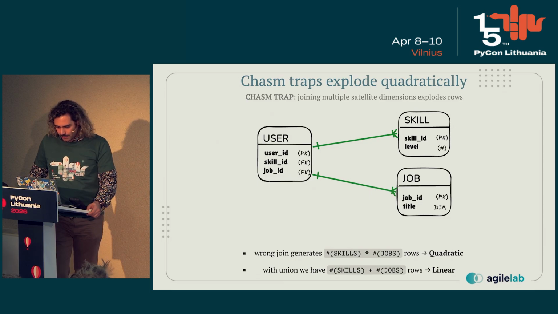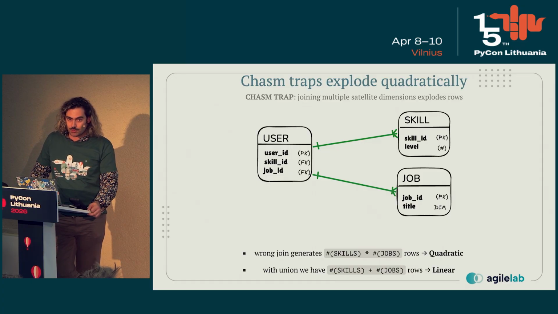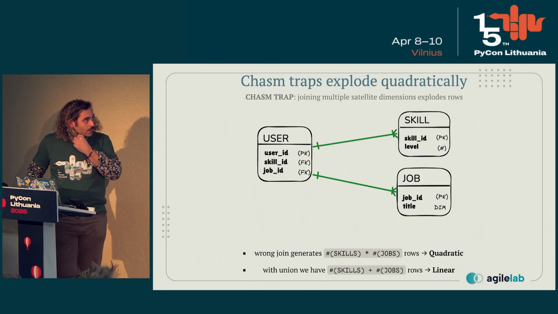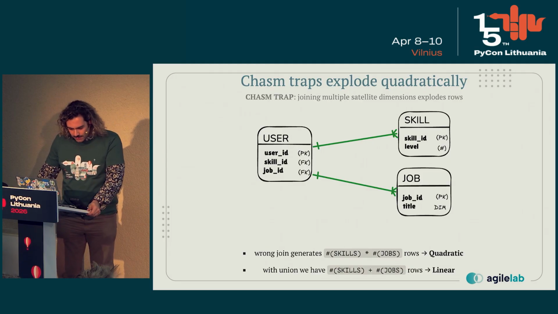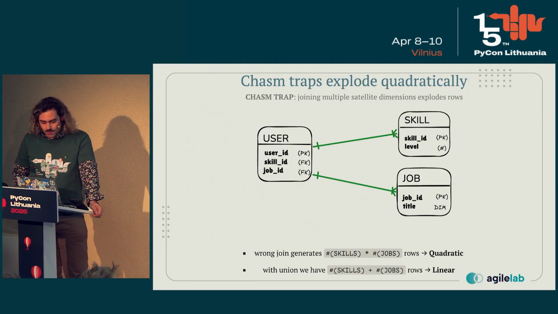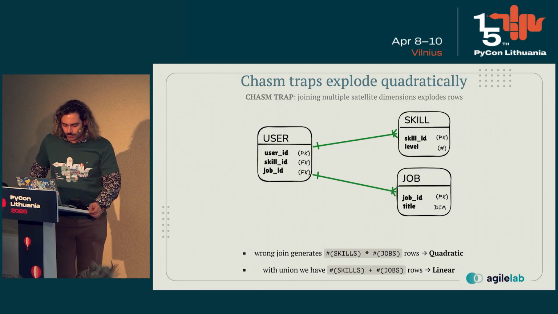Another kind of trap is the chasm. The chasm trap occurs whenever two dimensions, two satellite dimensions, are joined together into the initial one. So think of social media like LinkedIn or whatever else. There might be users that have several skills and they might have had several jobs.